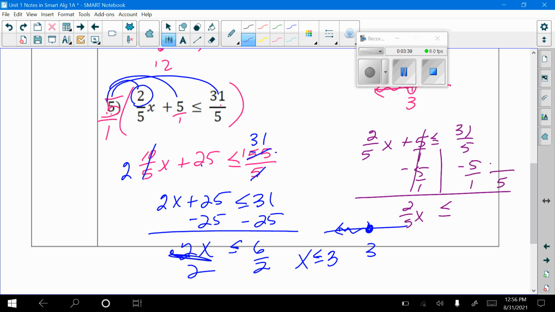So make it a 5, make this negative 25. And then I'm going to end up with 6 over 5 multiplied by 5 over 2. These 5's cancel, these 2's cancel, x is less than or equal to, this reduces to just 3, and I end up with a 3. Either way, I get the same value.